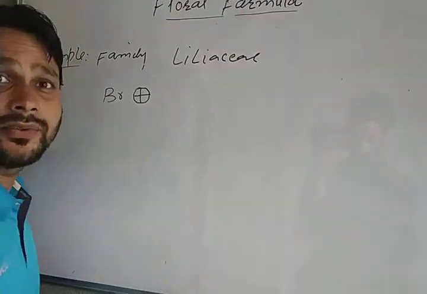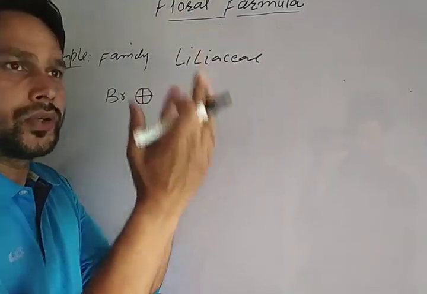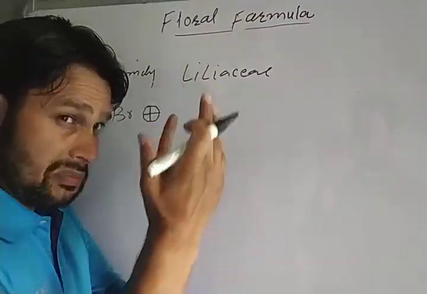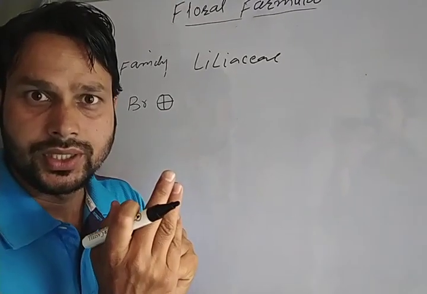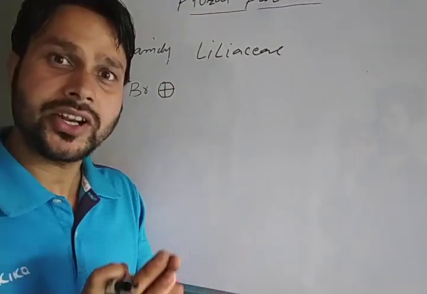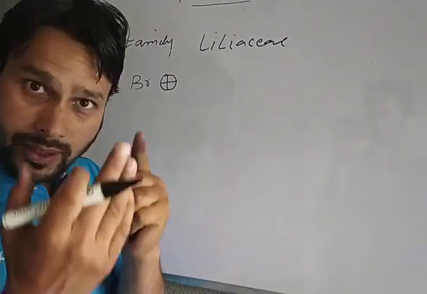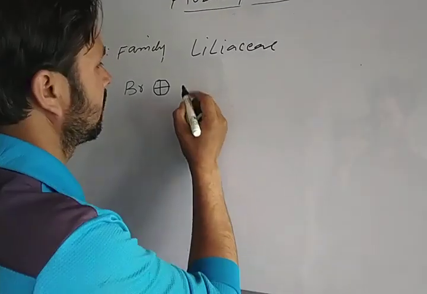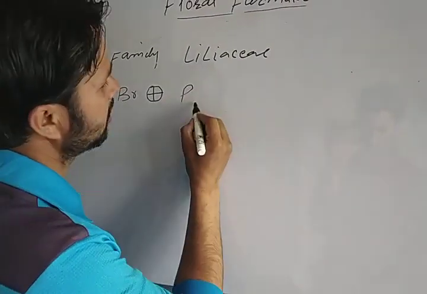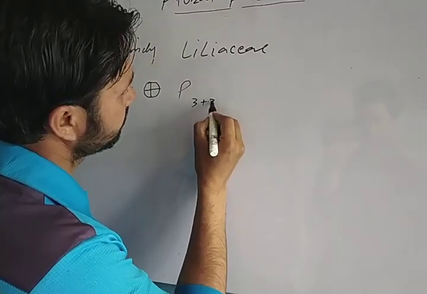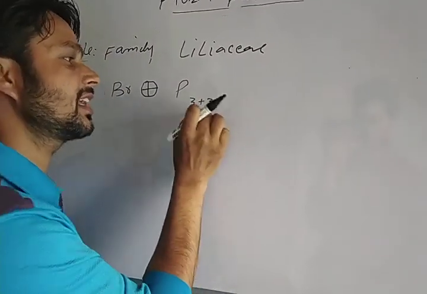Again, in the Liliaceae family, for example tulip, the petals and sepals remain fused, and when petals and sepals remain fused, the condition is called perianth, and the perianth is symbolized as P. The sepals and petals are fused.